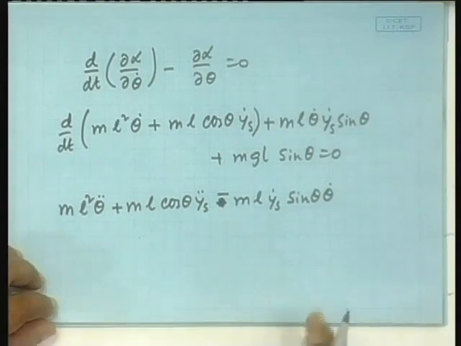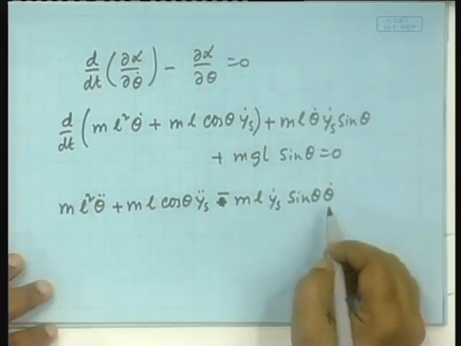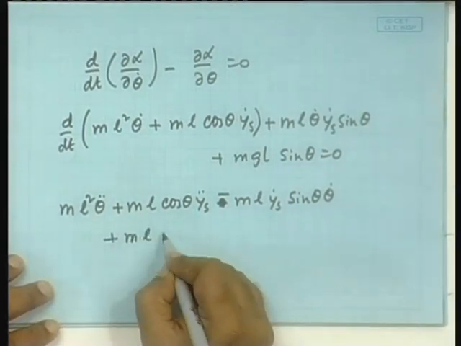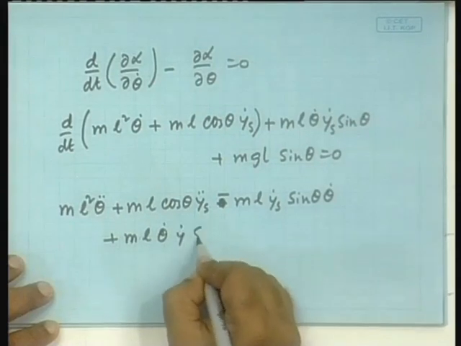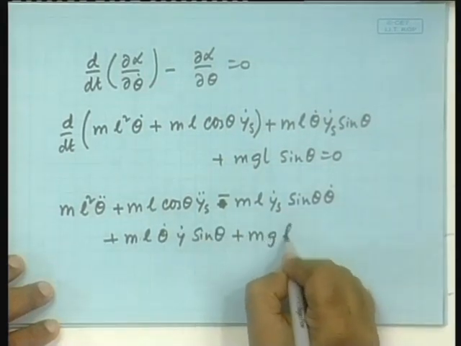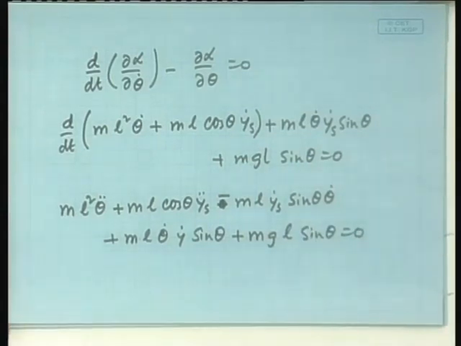Right, and this is the crucial thing that people miss. So, plus m L theta dot y dot sin theta plus m g L sin theta equal to 0. Done.